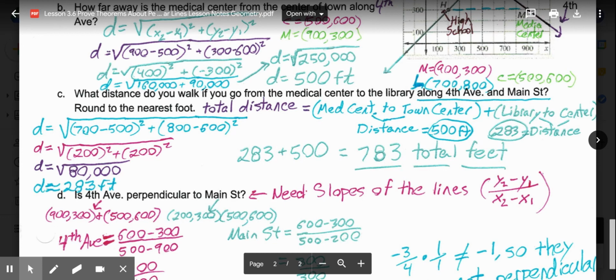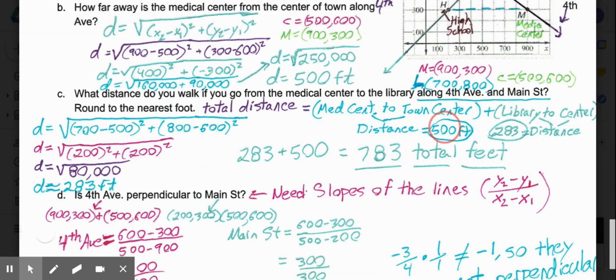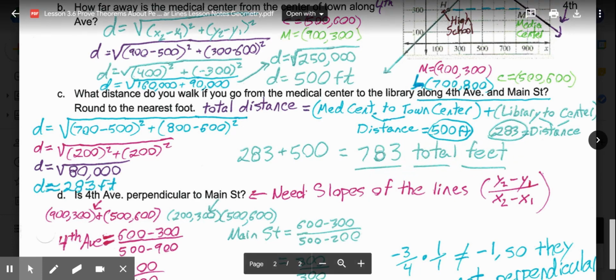So our distance, rounding that to the nearest foot, is approximately 283 feet from the library to the town center. So then that distance of the library to the town center plus the distance of the medical center to the town center will equal our total distance of 783 feet.